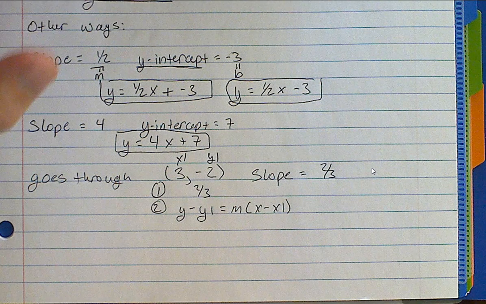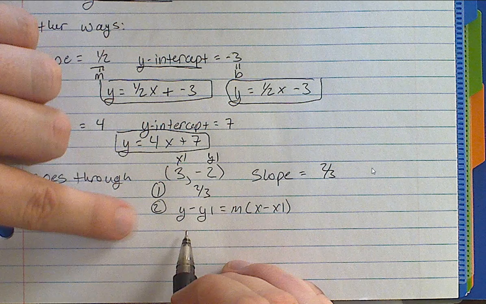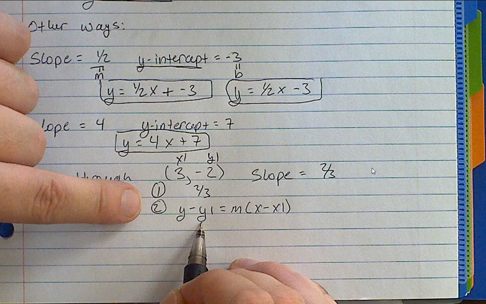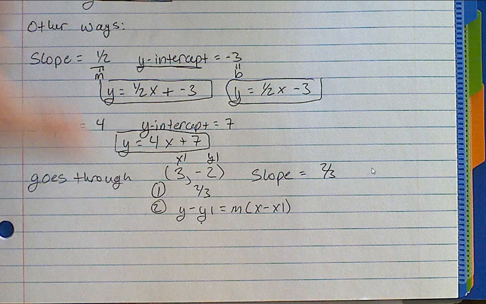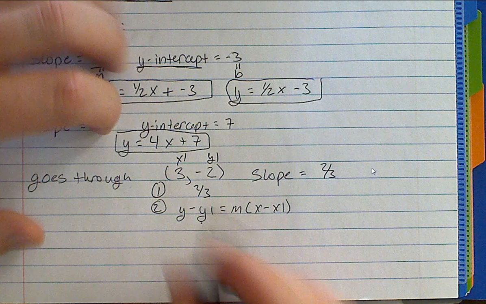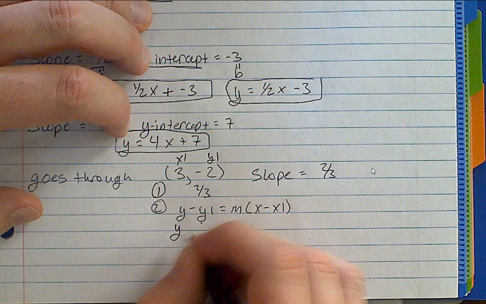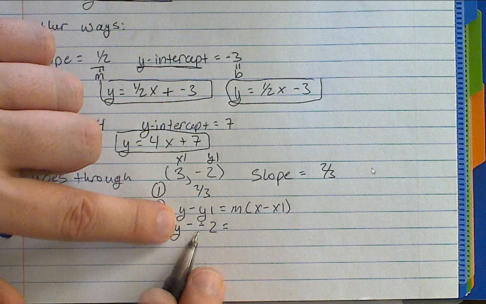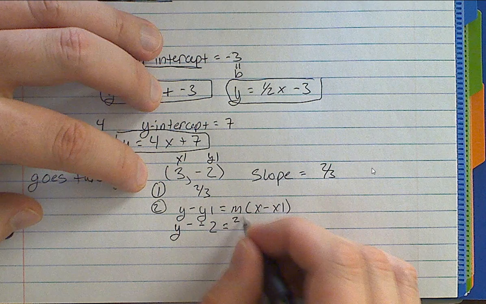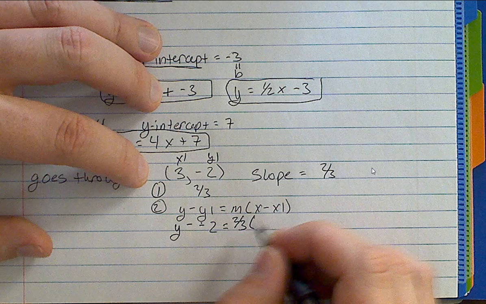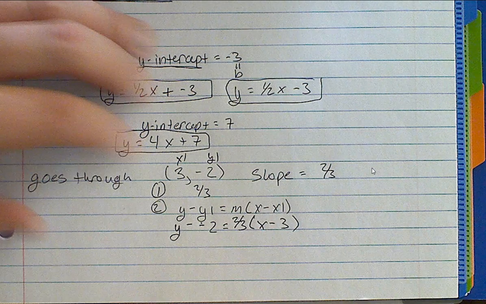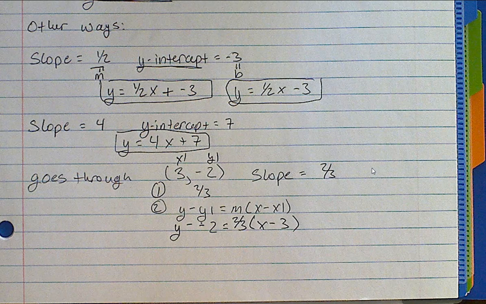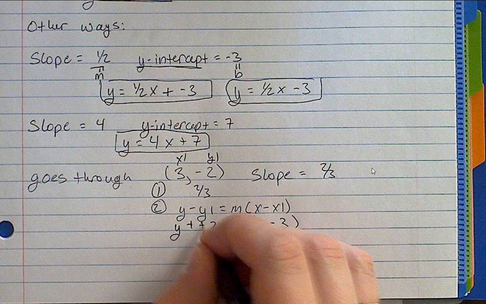So I'm going to substitute in for y1, -2, and in for x1, 3, and in for the slope, 2/3. So this is going to be y minus -2, be cautious about that minus negative, equals 2/3 times x minus 3. Now minus negative, I'm always going to make sure that I change that to plus positive.